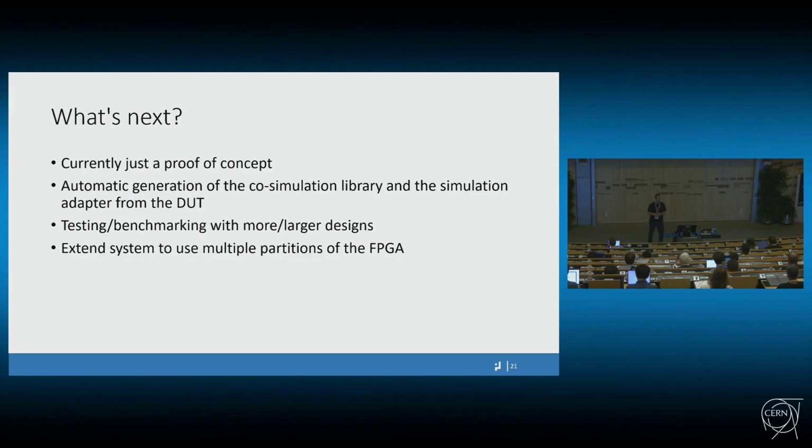What's also needed is more testing, more benchmarking, especially with larger designs. And the Coyote project supports a lot more features that can be beneficial to this project. So there maybe are some extensions that can be performed.